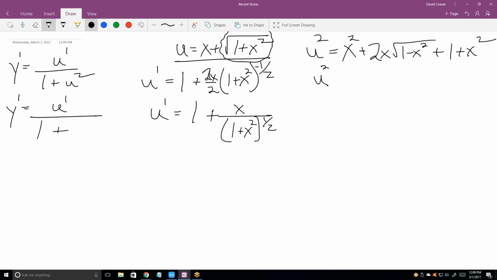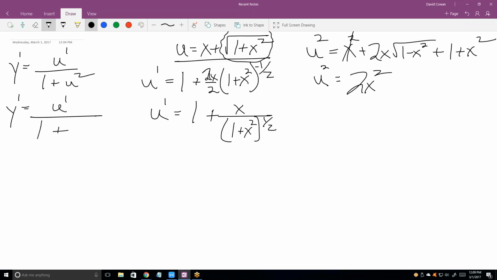u squared is equal to what? It's x squared plus, well, I have 2 x squareds over there. Oh, 2x squared, I forgot that one.